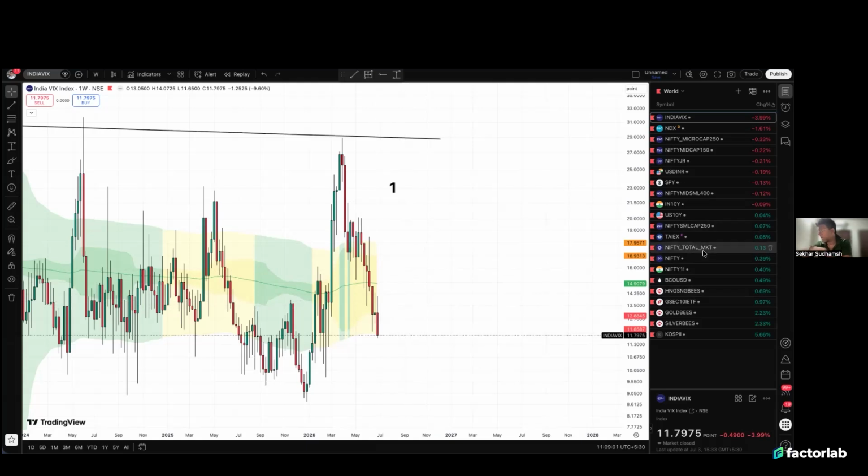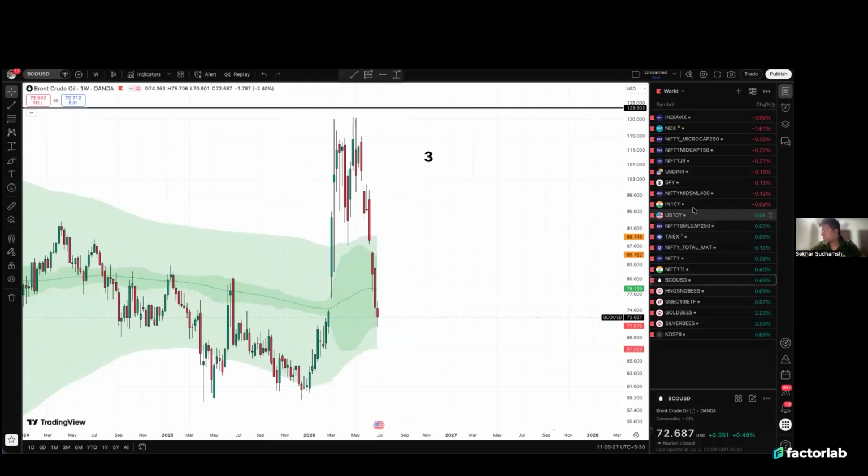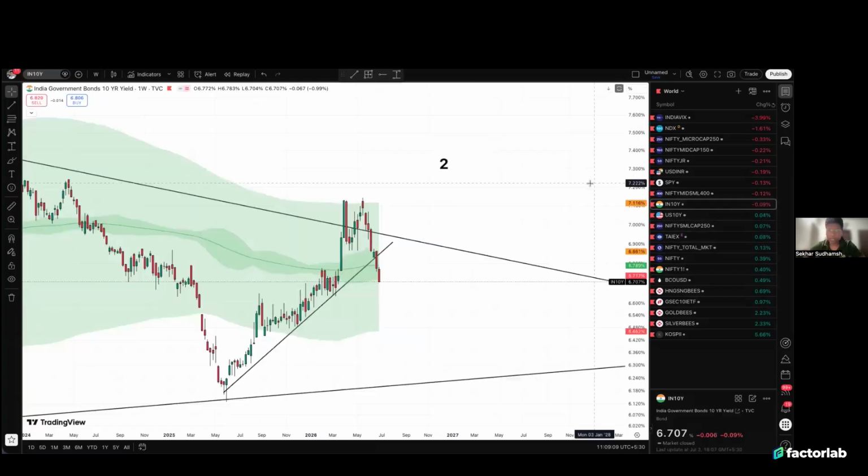The second chart that I wanted to show was the Indian 10-year yields. If you remember our earlier videos, we always used to refer to this chart because it was the most prominent chart amongst all.